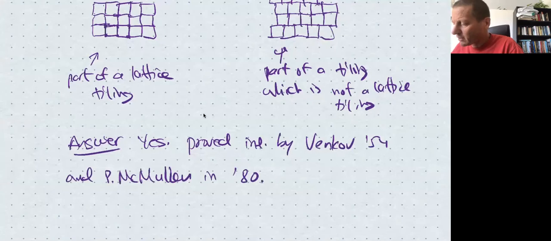I write the first name down because there's another McMullen that might come up later. So there are two McMullens involved in this theory of geometry of numbers. The proofs are independent. I don't think McMullen knew about Venkov's proof. I put a link to the paper of McMullen on the course homepage if you want to see the proof.